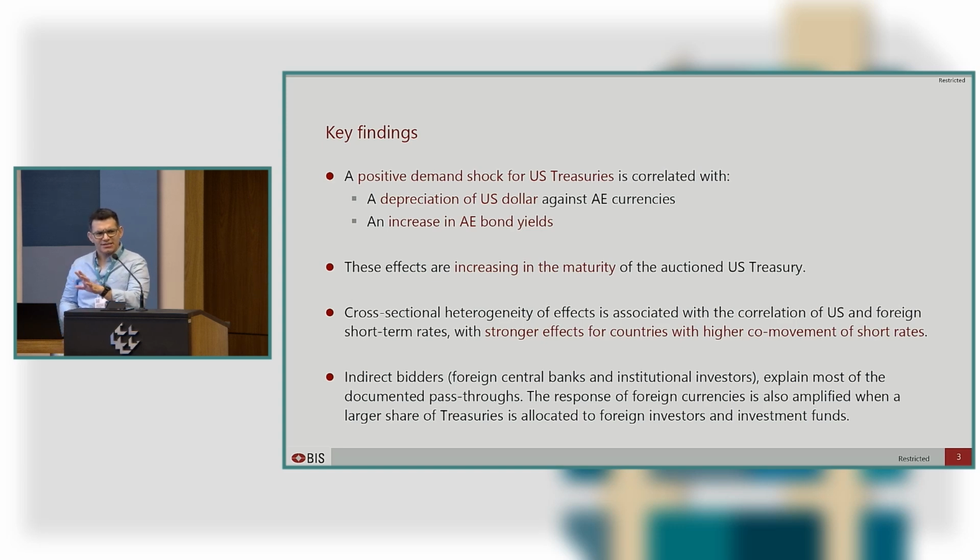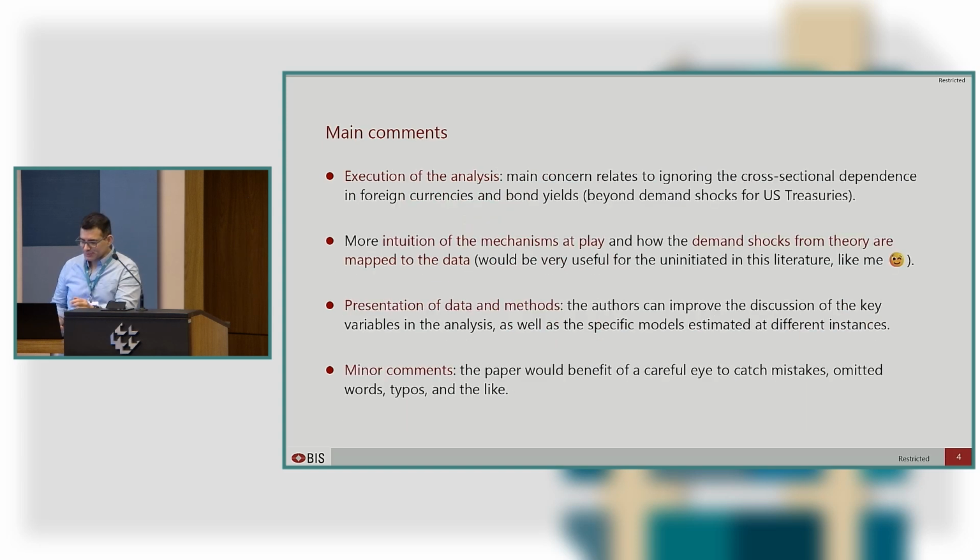Those are really interesting results. And as I'm going to put in my comments later, it is somewhat unclear how these relate to the models and the mechanisms at play. But I find these results quite interesting, and I would like to see a little bit more of that and understand better why that is the case.